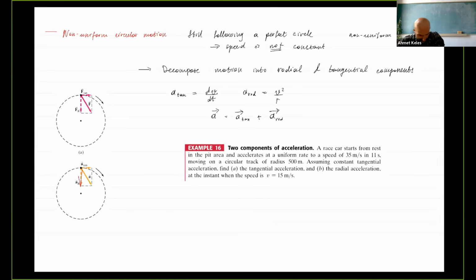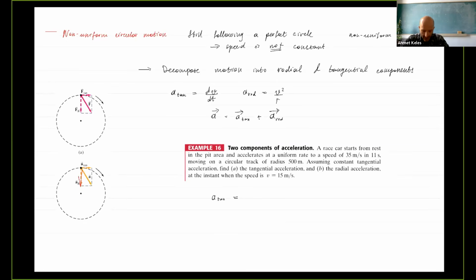Okay, let's just use these equations I already wrote. So A tangential is equal to... we are assuming it's a constant tangential acceleration.